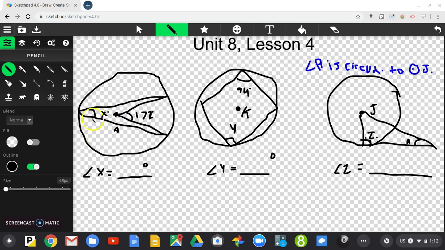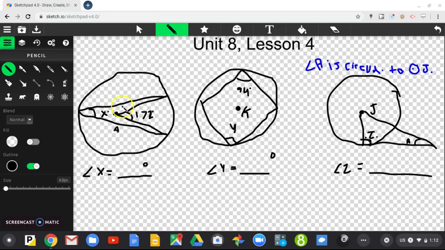So we have here a very strange shape, and this angle measure here is 172 degrees, and this one is x degrees. That's what we're trying to find. Well, a true rule is that an inscribed angle and the central angle, if they share the same arc, then they have half of the measure.